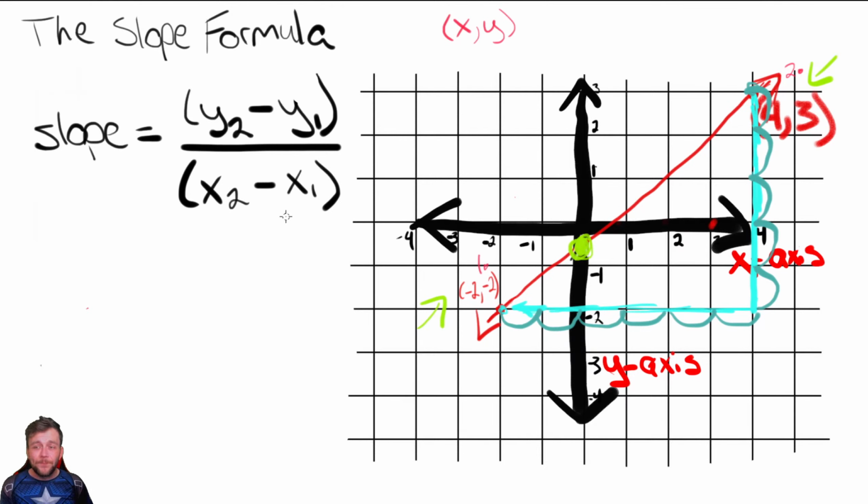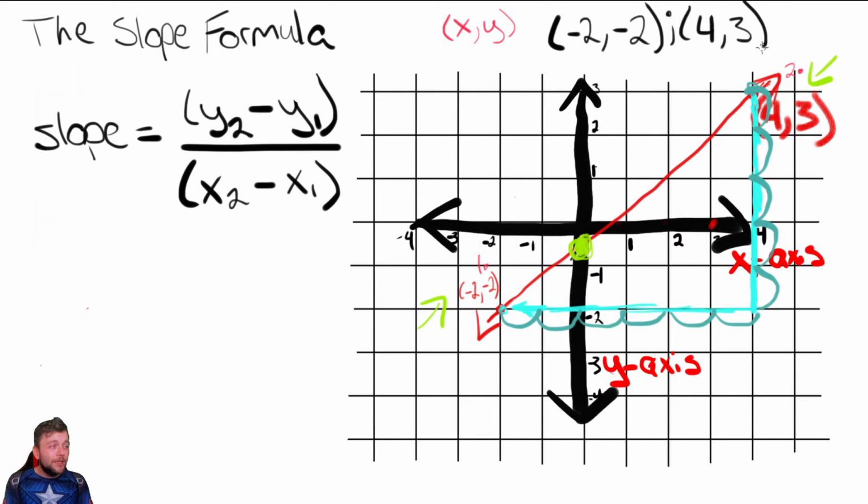Well, it's like, Paul, how do we use this then? Well, remember, we have our 2 points. We have the -2 and -2, and then we have our point 4 and 3. And so all we have to do is subtract these two.